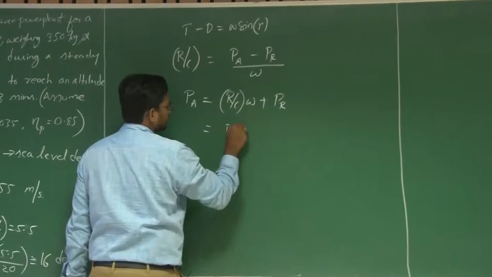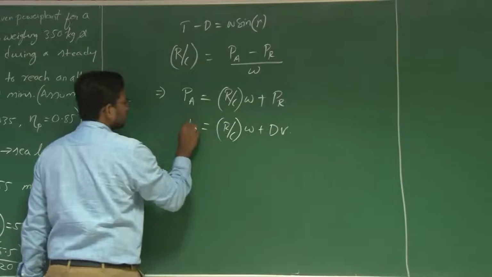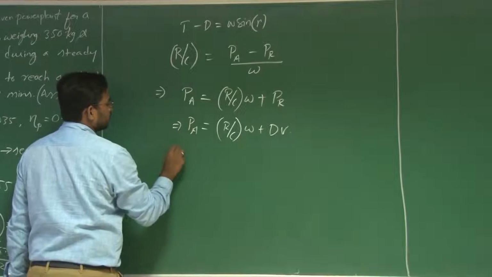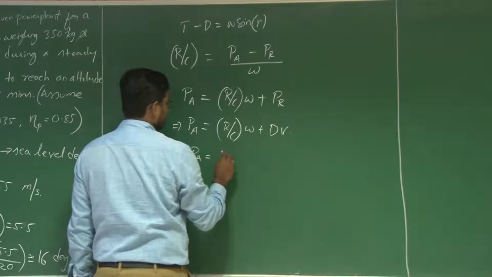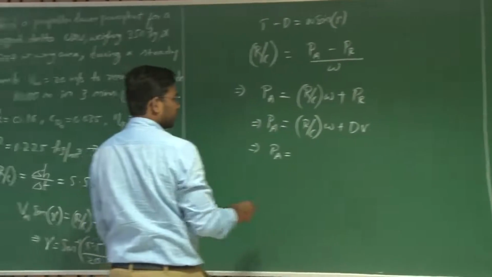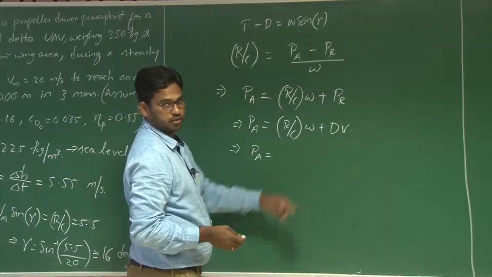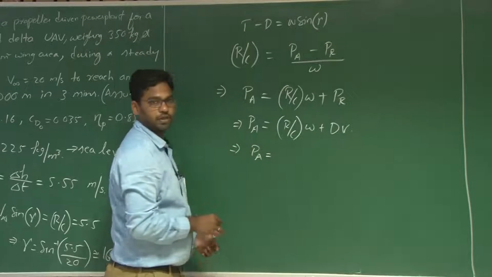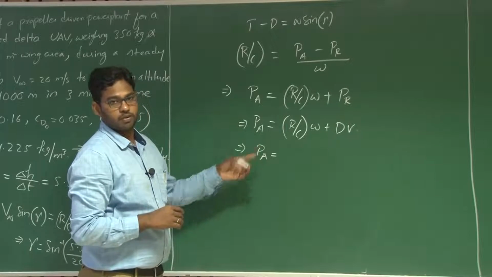This is drag times the corresponding velocity of climb. The rate of climb here is 5.5. We need to figure out what the drag is here. If you know that, then we will be able to estimate the corresponding power that has to be delivered from the power plant.